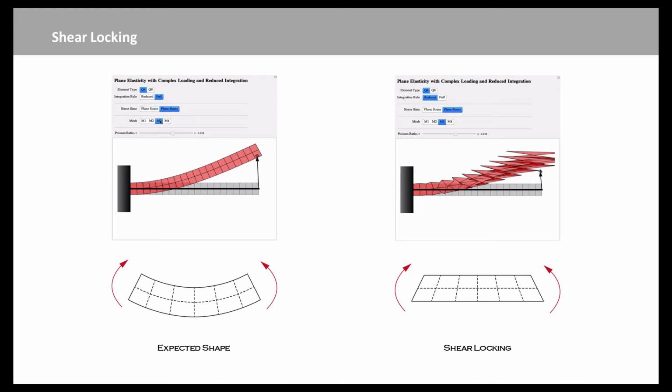If you consider a plate under combined shear and bending deformations, the portion of the internal energy associated with the bending deformations is proportional to the cube of thickness, but the portion related to shear deformations is proportional to thickness.